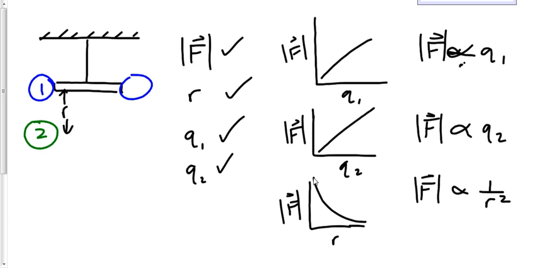Now, Coulomb recognized all these relationships and decided to put them all together. It says F is related to Q1, and it's related to Q2, and it's related to 1 over R squared. Well, if it's related to all of those, then it must be equal to a constant, a number, times all of those.